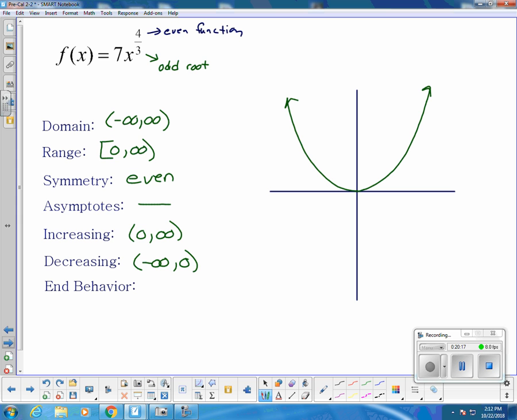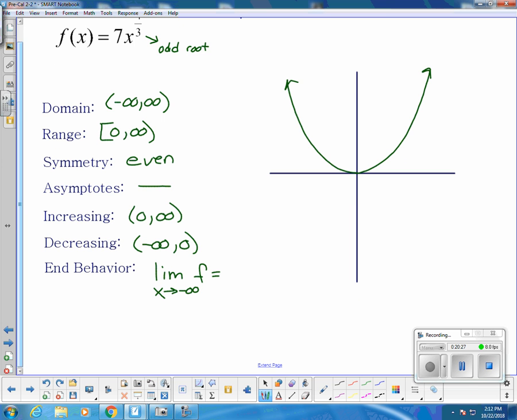The end behavior. Please start writing this properly. And I know they wrote it different in Algebra 2. It's a different course, so learn the different way. The limit of f as x goes to negative infinity. On this left side, where's the height going to? Going to infinity. And then we have a left side and a right side of this graph, so we're going to have two ends.